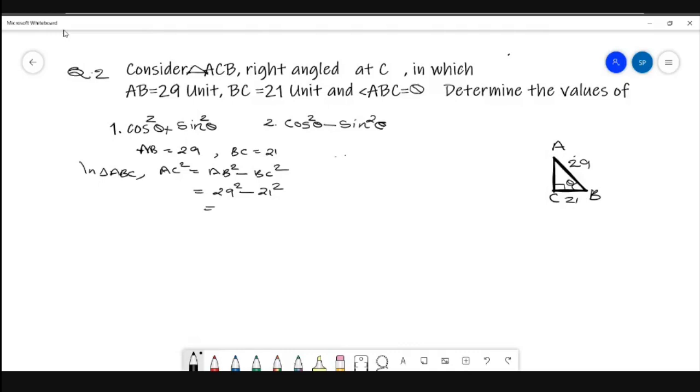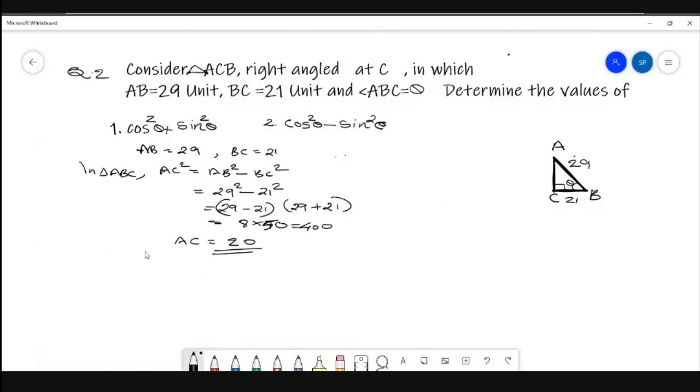So a minus b into a plus b, that is 29 minus 21 into 29 plus 21. 29 minus 21 is 8, 29 plus 21 is 50. So 8 into 50 means it is 400. So AC equal to root of 400, it is 20. Okay. Now we get AC equal to 20 unit.